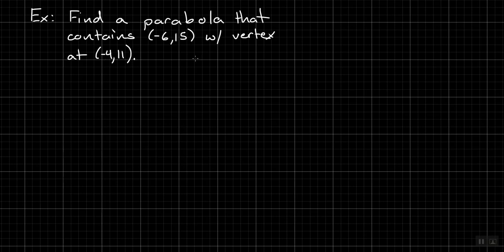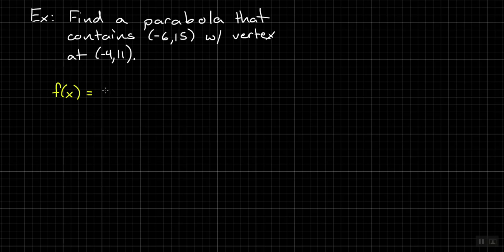Man, that seems super duper hard. The good news is that we know the vertex. Somebody remind me real quick, what's the standard form or the vertex form of a parabola or a quadratic? What is standard form for a quadratic?